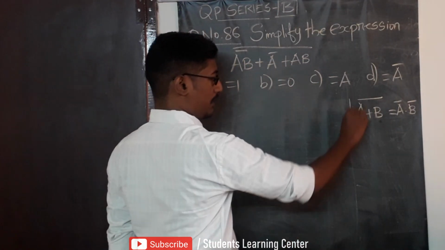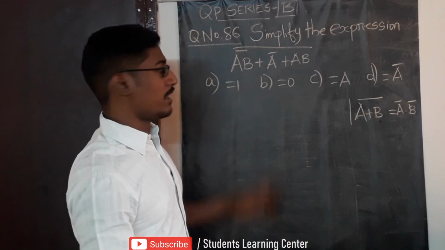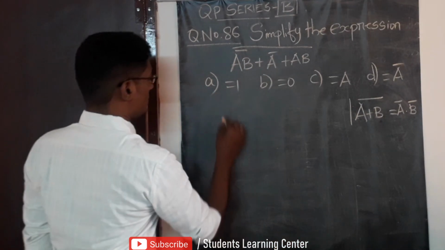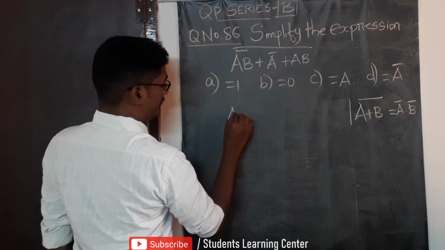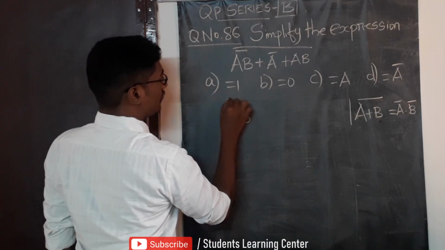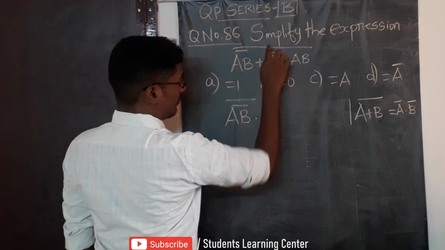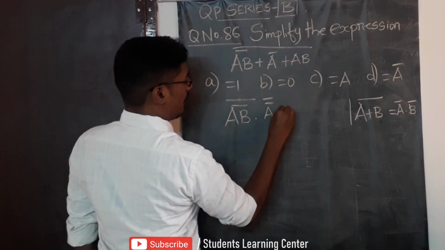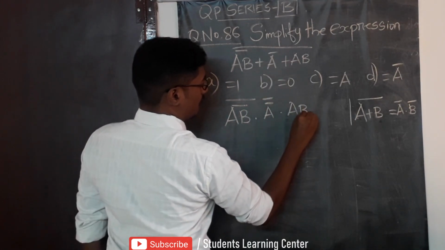So I am going to apply De Morgan's rule in this problem. Applying it to the individual terms: AB bar the whole bar dot A bar the whole bar dot AB bar.